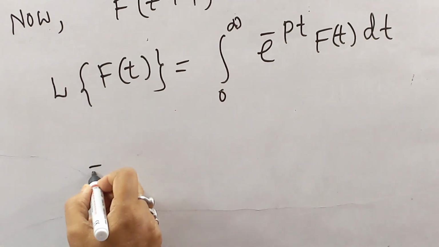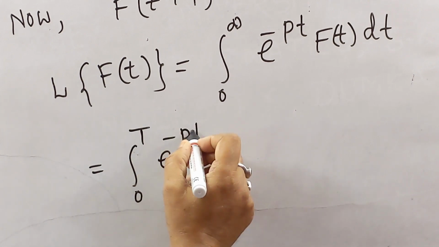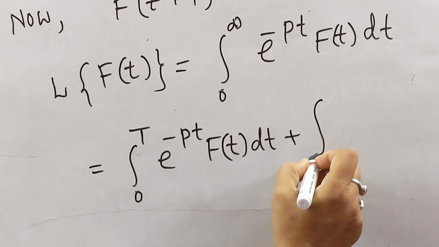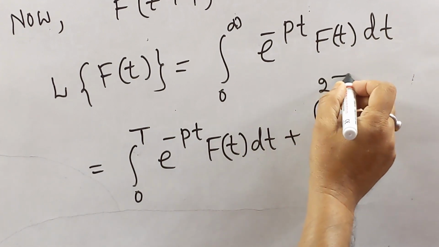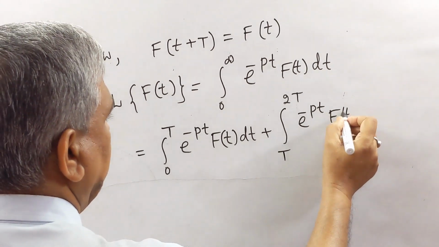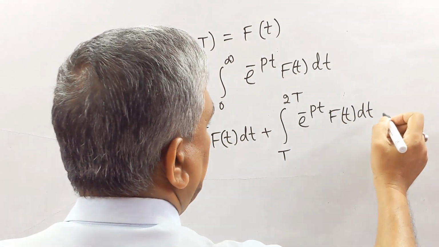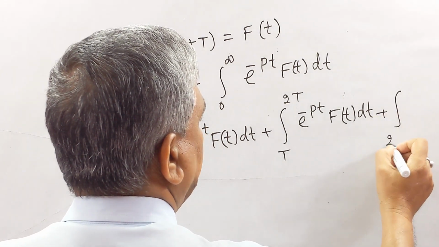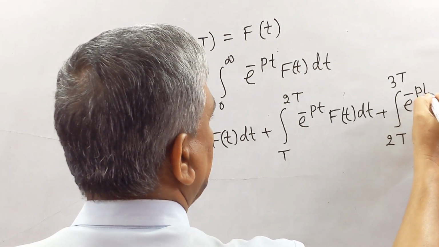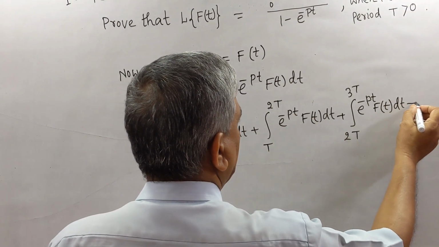This will be equal to the integral from 0 to T of e to the power minus pt f(t) dt, plus the integration from T to 2T of e to the power minus pt f(t) dt, plus the integration from 2T to 3T of e to the power minus pt f(t) dt, and so on.